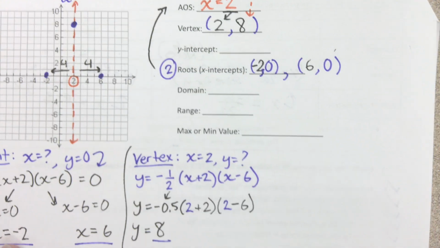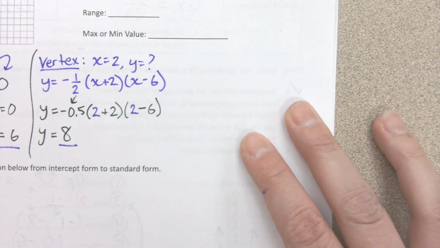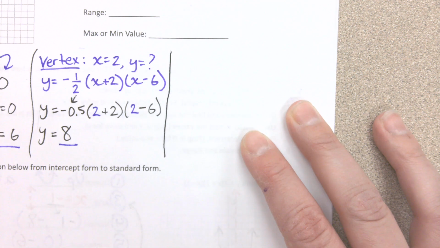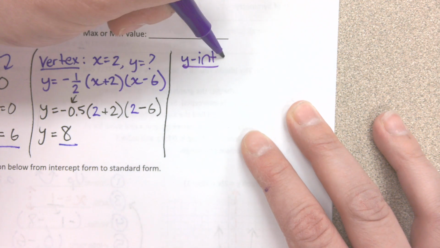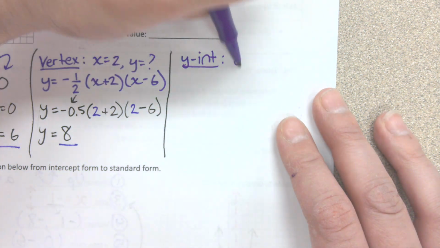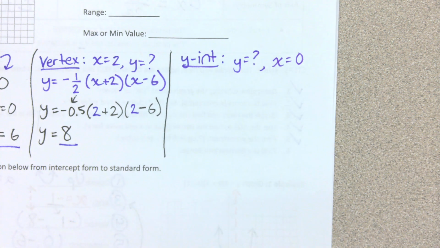Let's keep going. Y-intercept. Requires just a teensy bit of work. Y-intercept, that means we don't know y, but we know x, it's 0. Y-intercept, x is always 0.